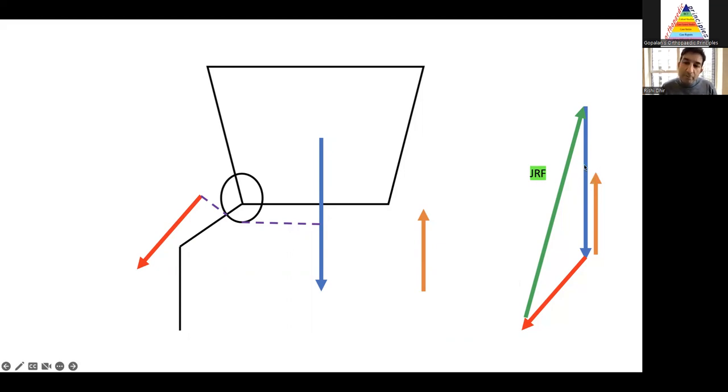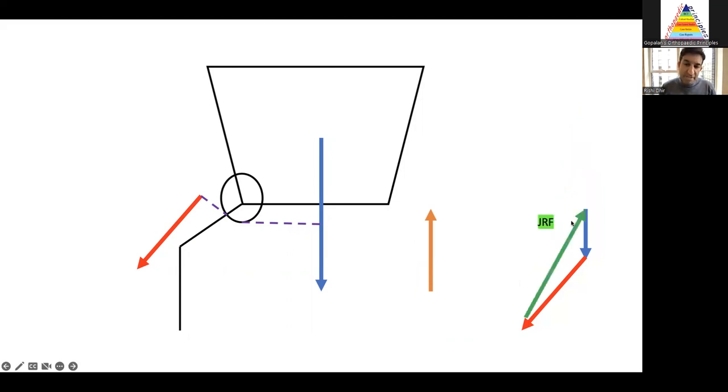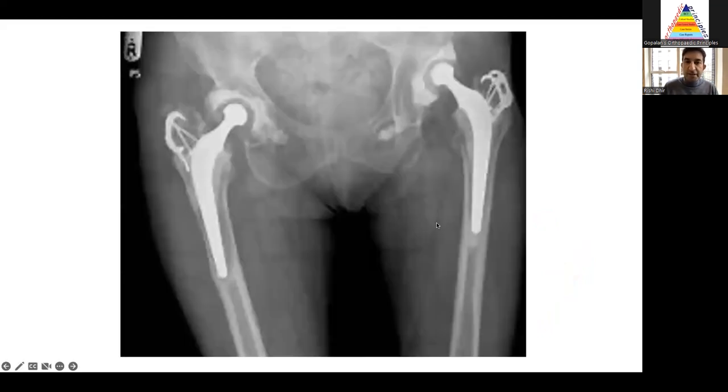So it will minus off that value and it will bring the joint reaction force down. Remember, your goal as a surgeon is to reduce arthritic pain by reducing joint reaction force. So all of these things are to try to reduce joint reaction force. So you see the same thing in a Trendelenburg test, and you see the same thing in a non-operative treatment of an arthritic hip.